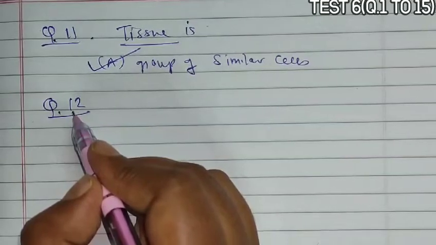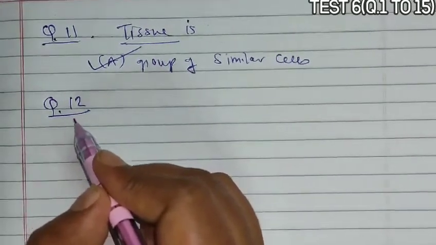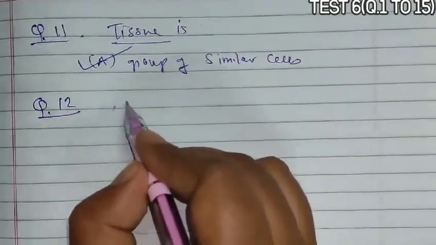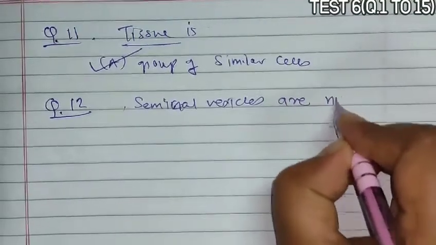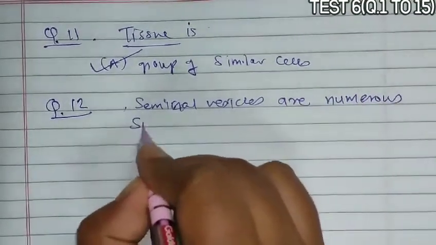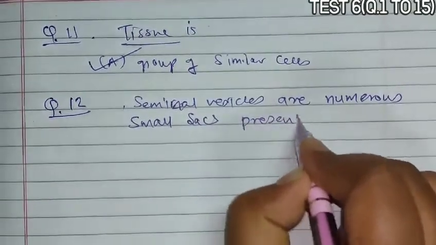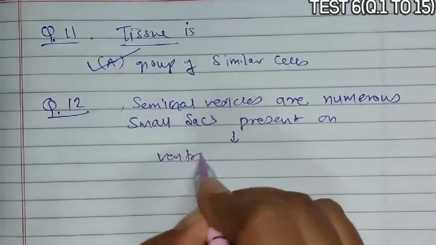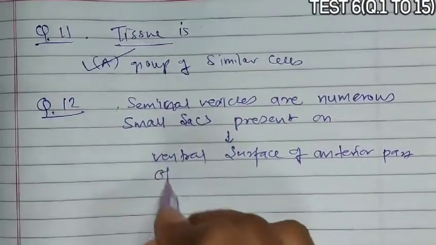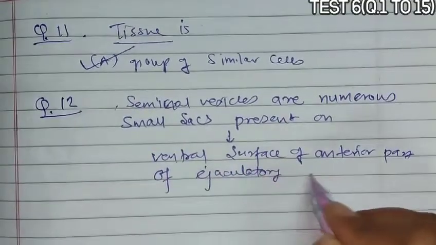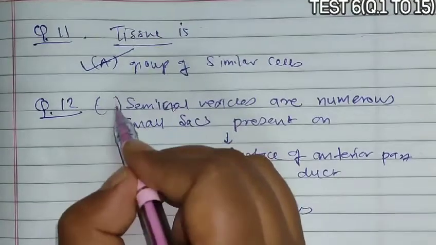So the answer is these sperms are stored in seminal vesicles, and these seminal vesicles are numerous small sac present on ventral surface of anterior part of ejaculatory duct, and this store sperms. So seminal vesicle, that is option A, become the correct answer.